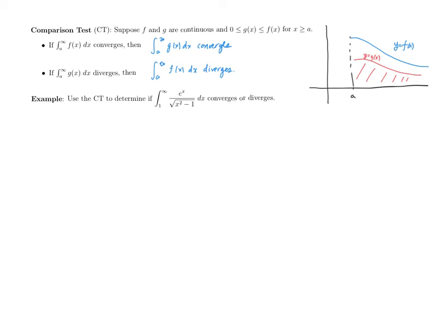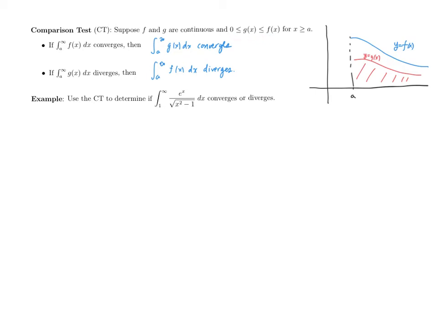Now, when it comes to using the comparison test, the remaining example that we see is a very common problem. Use the comparison test to determine if some improper integral converges or diverges. The difficulty in using this comparison test is we are just given the one improper integral, i.e. this one function, and we have to come up with this inequality.